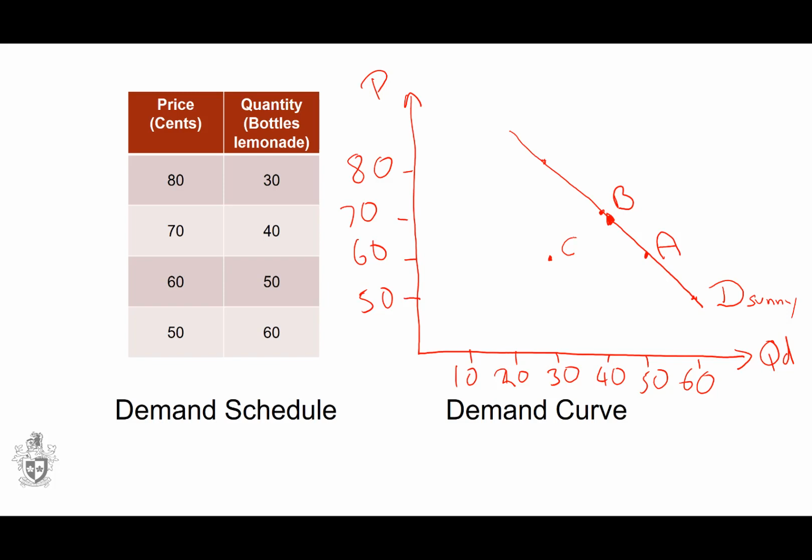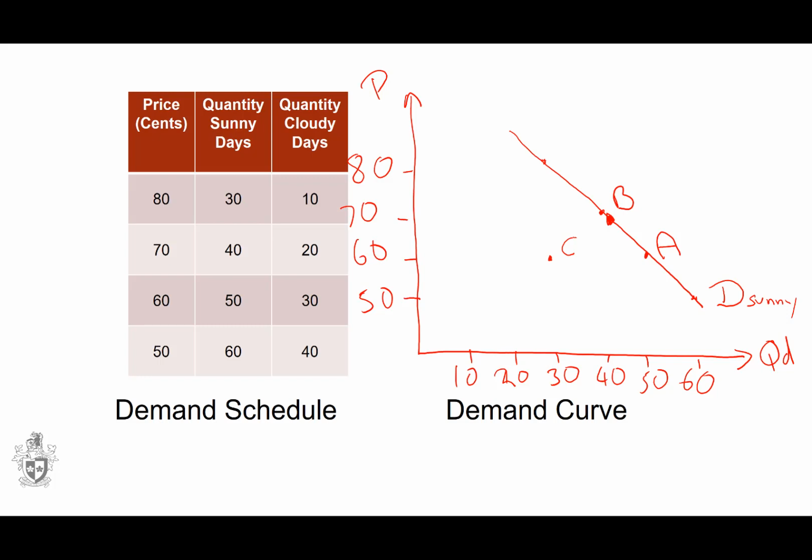Quantity demanded has fallen from 50 to 30, even though the price stayed the same. Now that would happen whether the price was 60, 70, 80, or even 50 cents. So we need to go out and collect a little bit more data and find out what the quantity demanded is on overcast days.